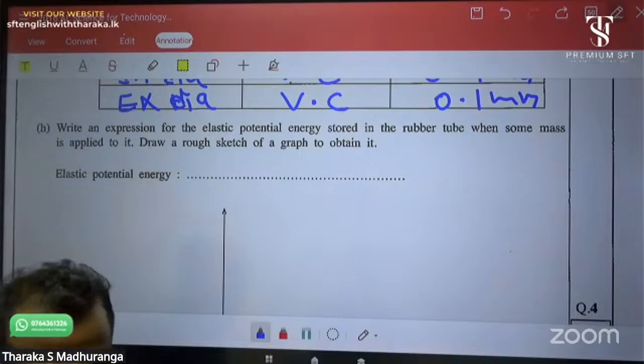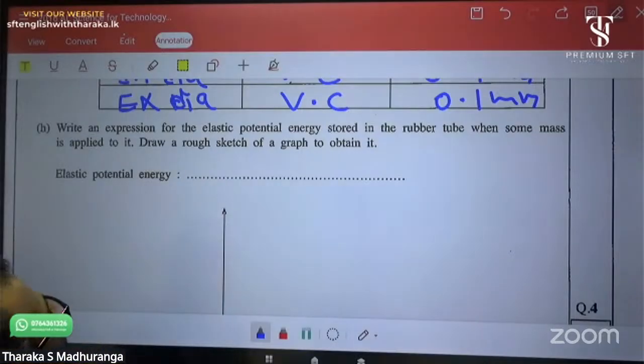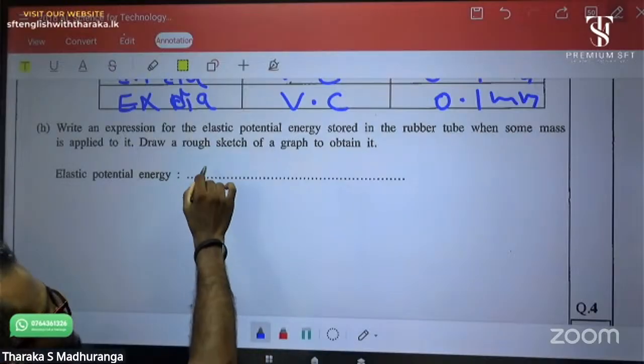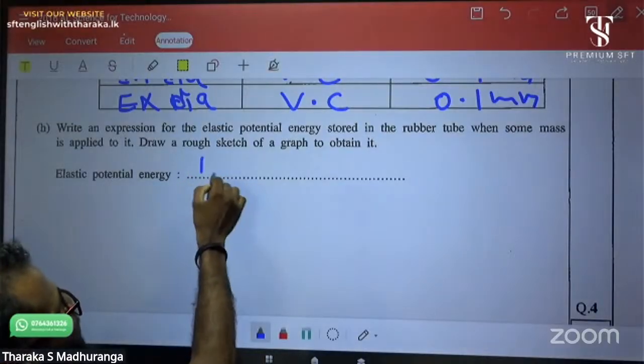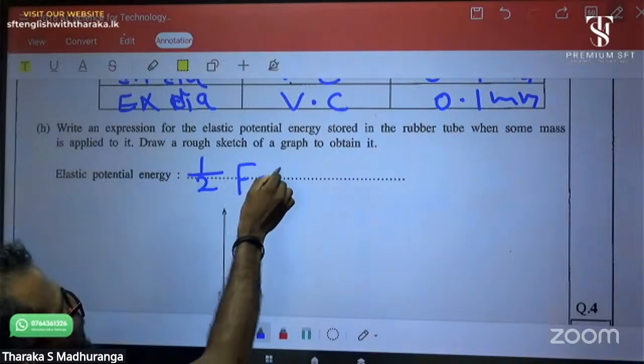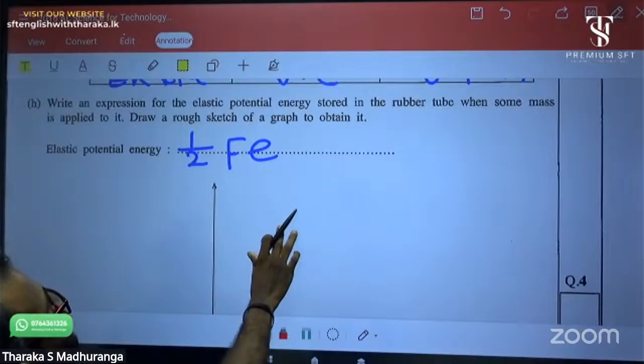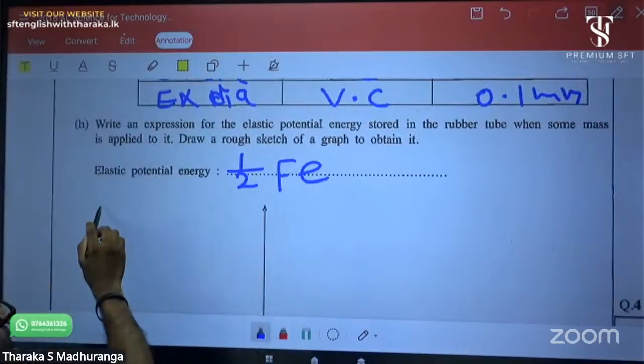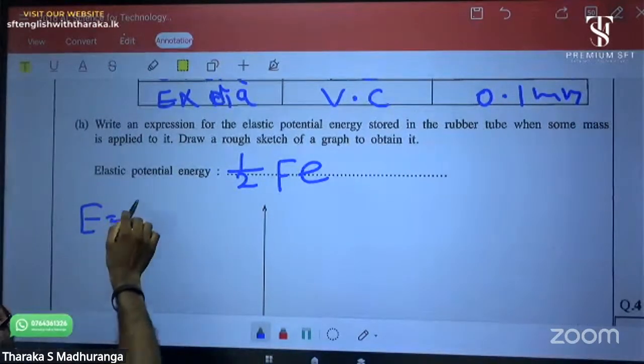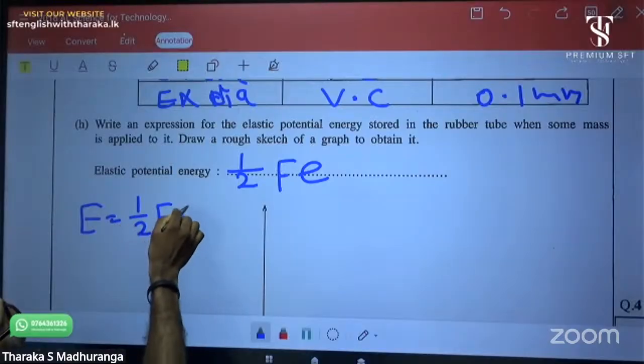Elastic potential energy equation. Elastic potential energy is half times F e. That means E equals half F e.